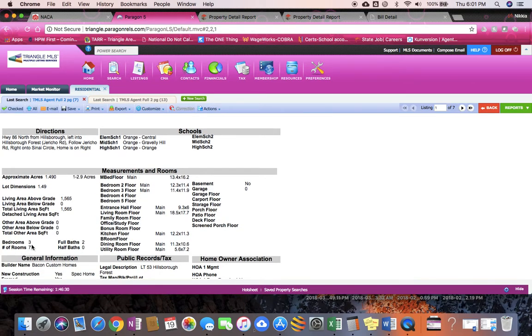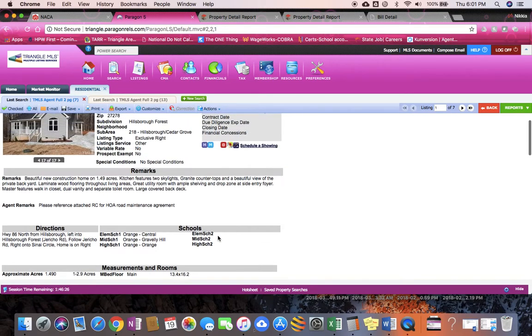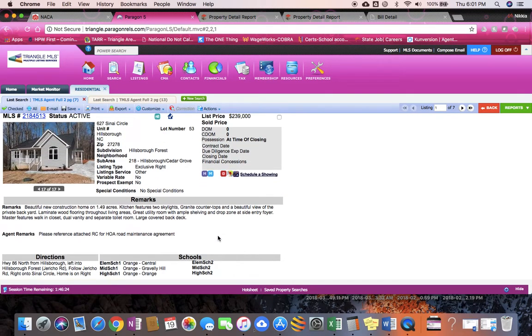They have it listed with 3 bedrooms, 2 full baths. So they should have the septic to match that, meaning that it has to be able to handle your waste. In so many words, they have a rule that people have to follow for that. And this home is a very gorgeous 1.49 acres.